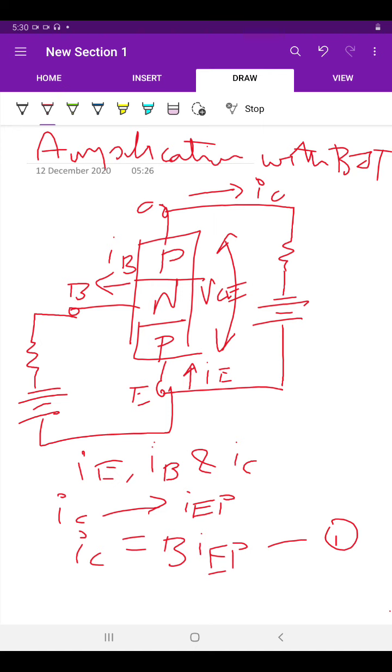Now the proportionality factor B is simply the fraction of the injected holes that make it across the base terminal to the collector.